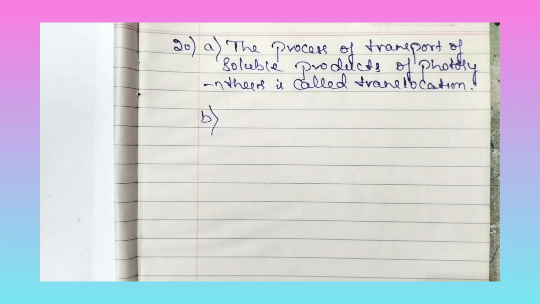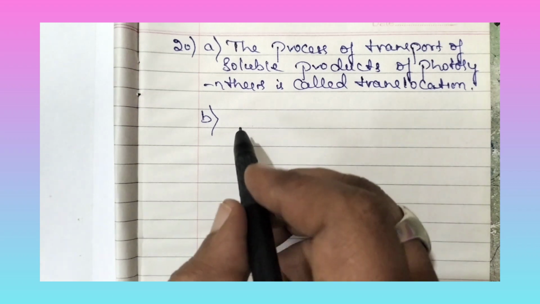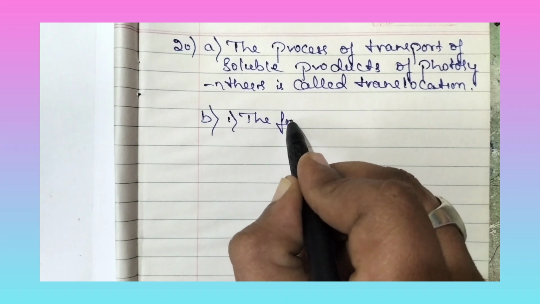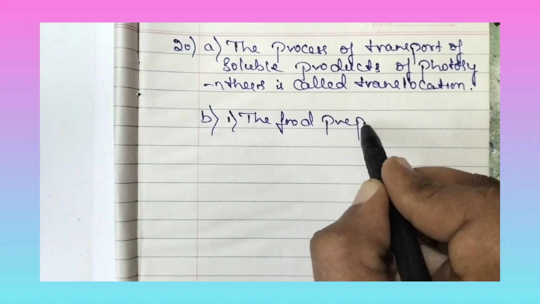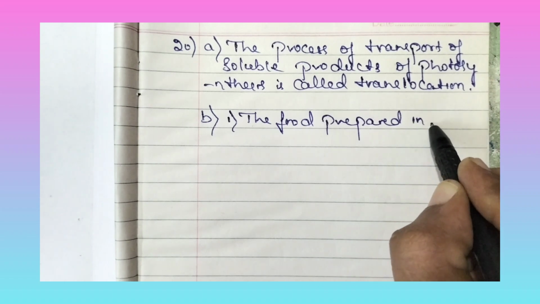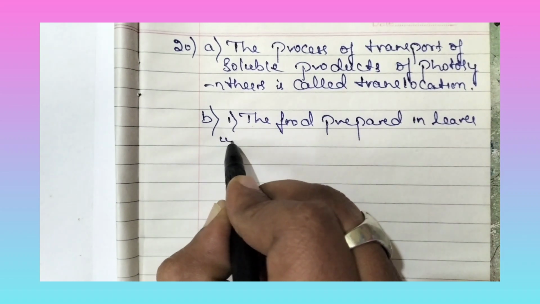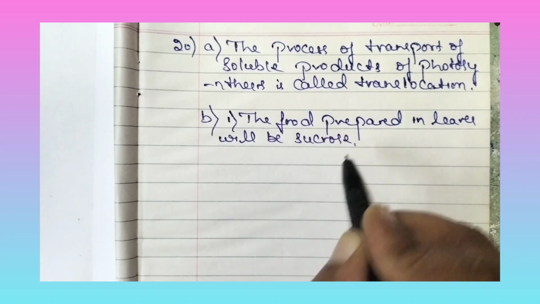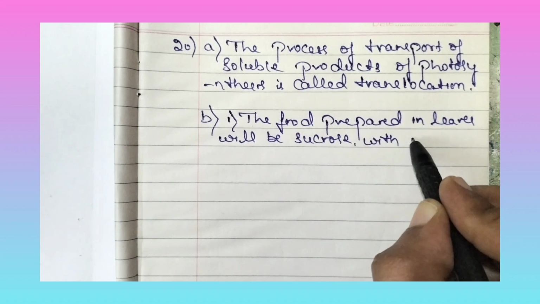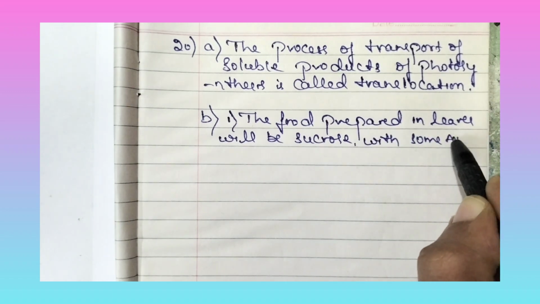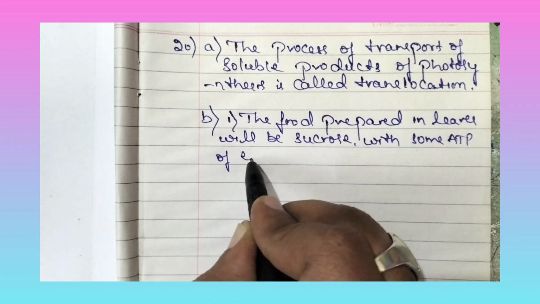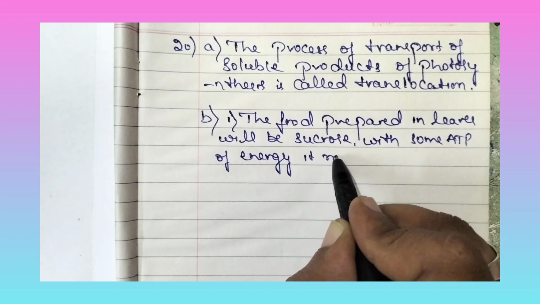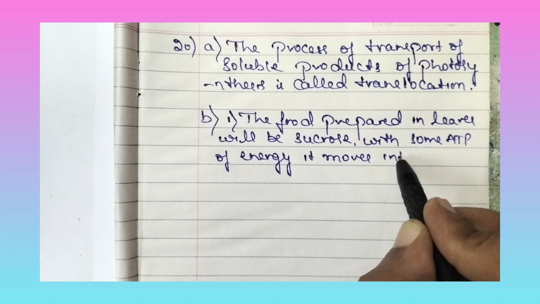Next, B question, how translocation occurs in plants. To explain that, the first point: the food prepared in leaves will be sucrose with some ATP of energy. It moves into companion cells.